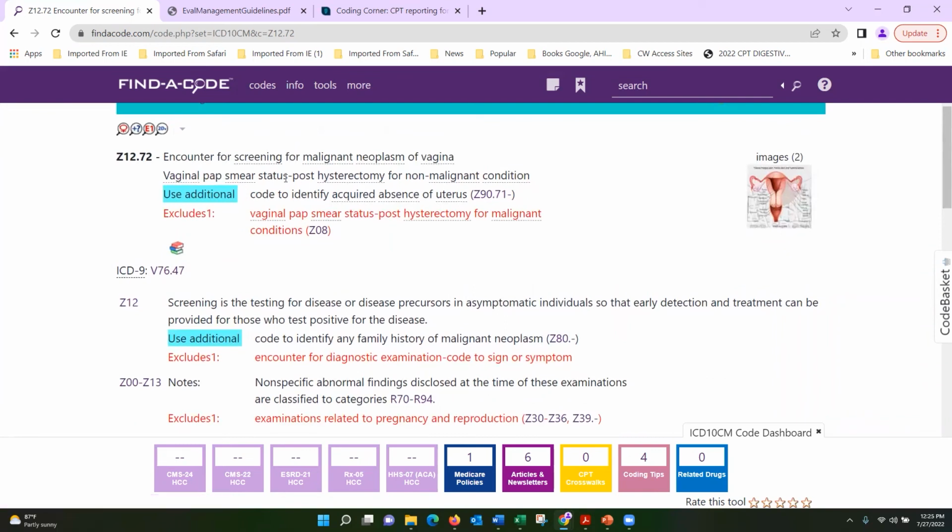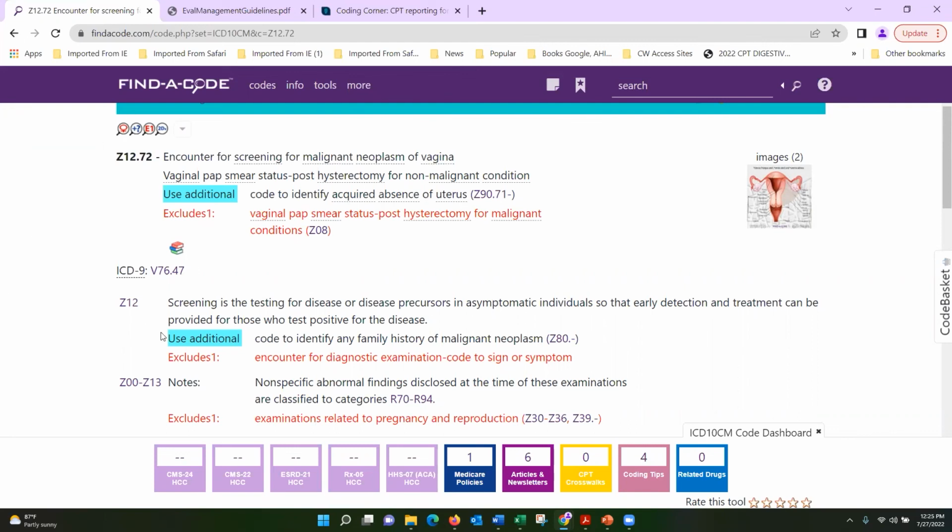This is a vaginal pap smear status post hysterectomy for a non-malignant condition. It's to identify malignant neoplasm of the vagina. So we don't have a history of any type of malignancy. He's actually screening to make sure that the patient does not have any type of malignancy that would be obvious in the results of a pap smear. Okay, thank you. You're welcome.